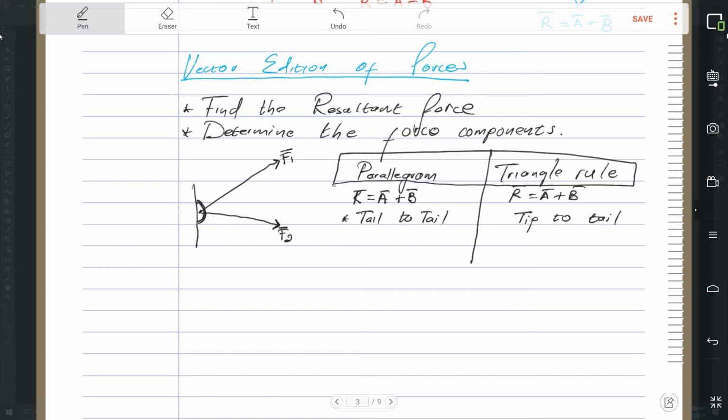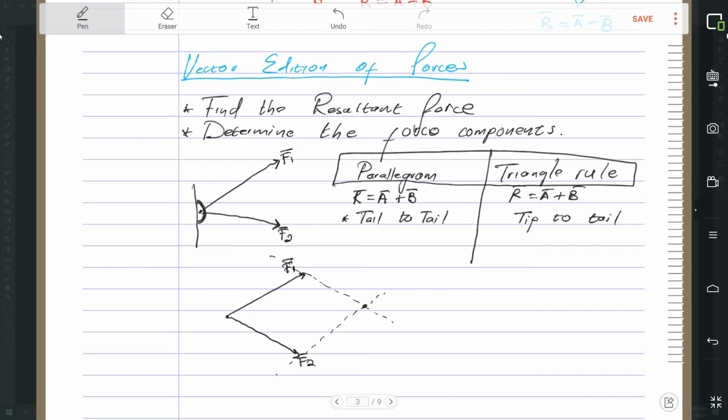So let's focus on our example. So let's say we draw our F1 like that. We're doing the parallelogram rule. So that's our F1. So if we're doing parallelogram rule, you say tail to tail. So I'm going to add my second vector, which is F2, right there, right? So remember, after that you draw a line parallel to F1 and a line parallel to F2.